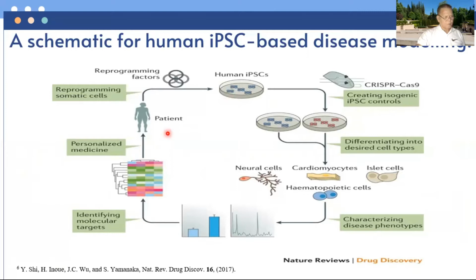Then we'll see this one. Differentiating into desired cell type. Then we got the cell that we need by identifying that one with several tools.